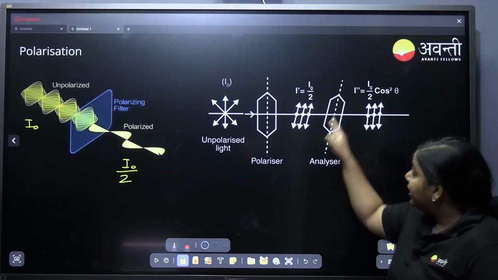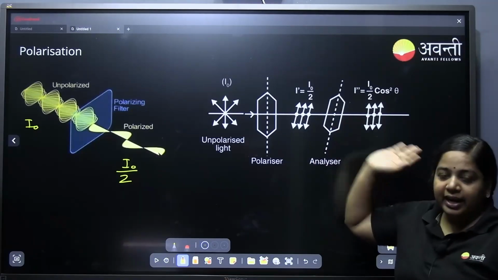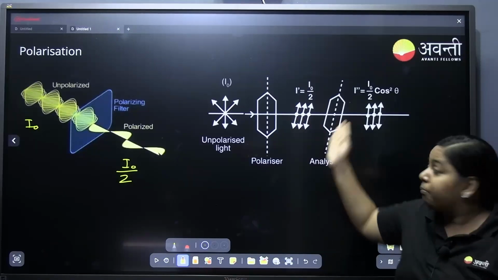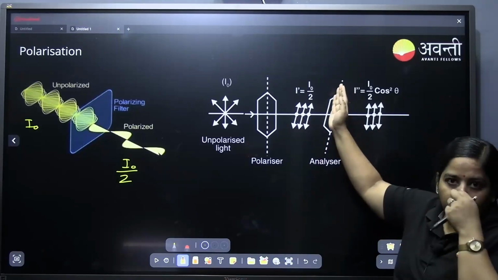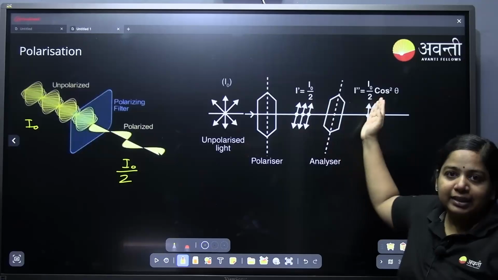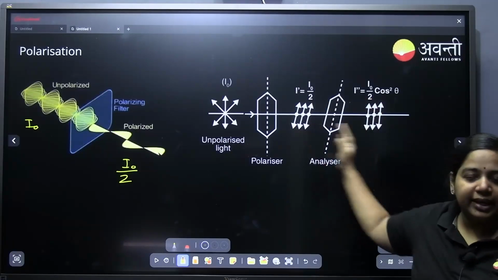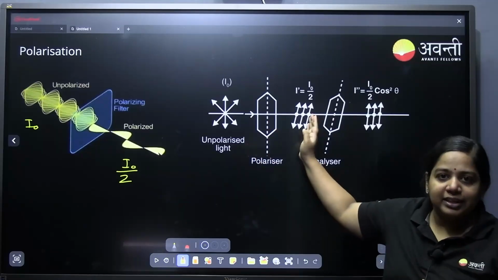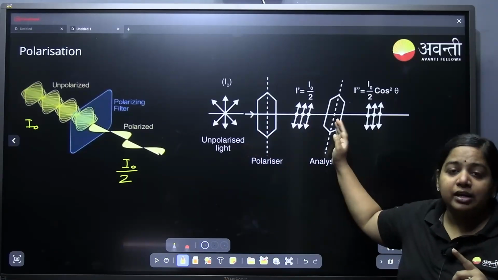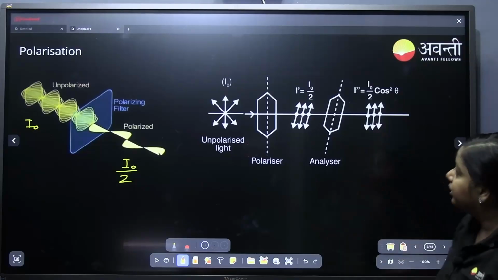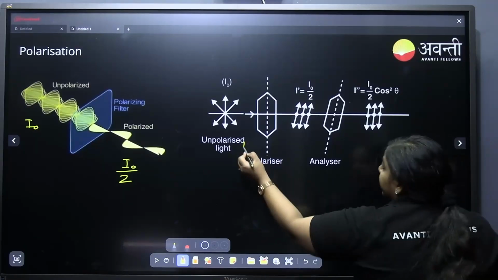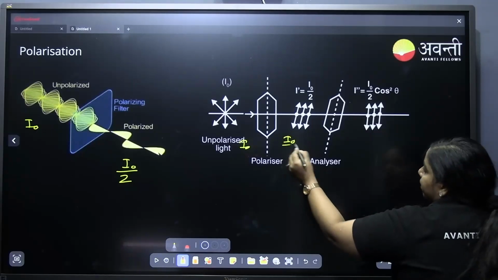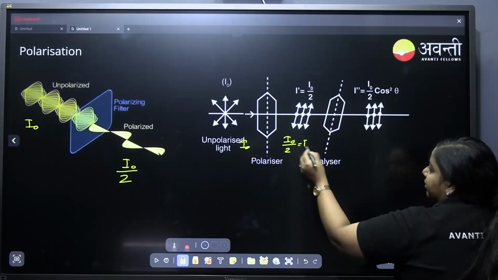Then another thing called an analyzer is there. Analyzer means after polarizing, we keep it at some angle with the polarizer and pass the light through it. Through the polarizer, unpolarized light is coming. Through the analyzer, polarized light is passing. Here I naught intensity was coming, here it became I naught by 2, let's say I1.